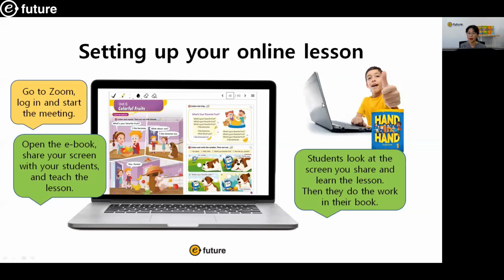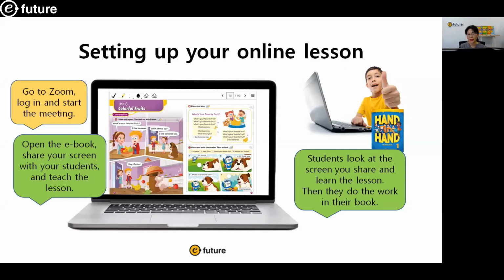So if you look here, this is your student. He's at home. He is looking at the screen. He is seeing your shared screen, so he can see the ebook as well, and he can see your face on his computer. And he is using the hand-in-hand physical book. So students look at the screen you share and learn the lesson.